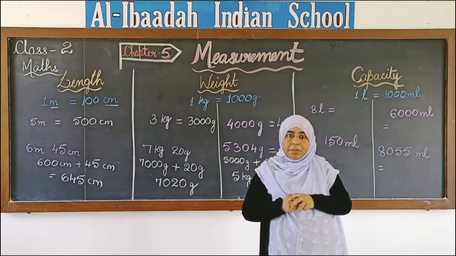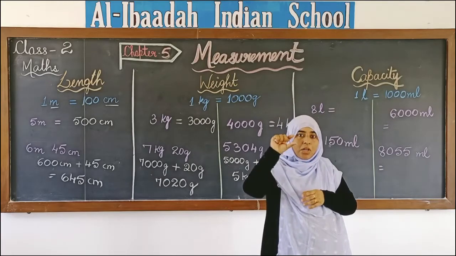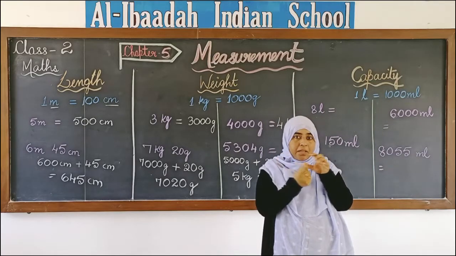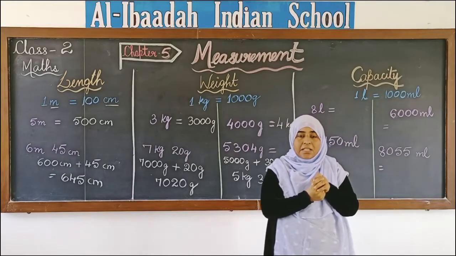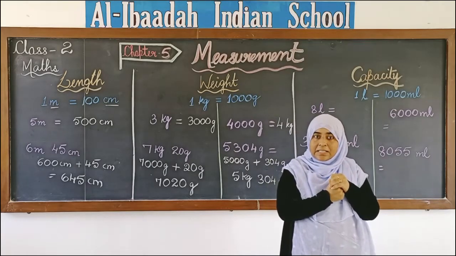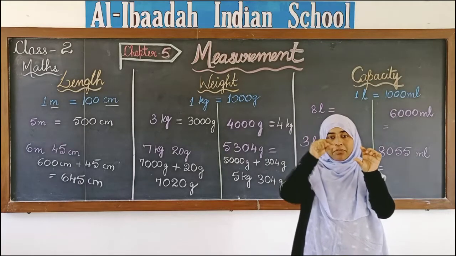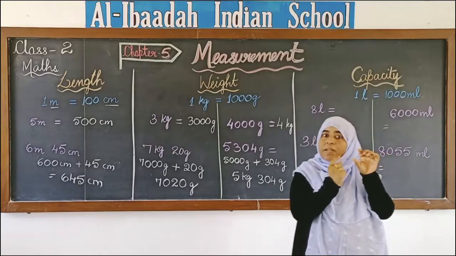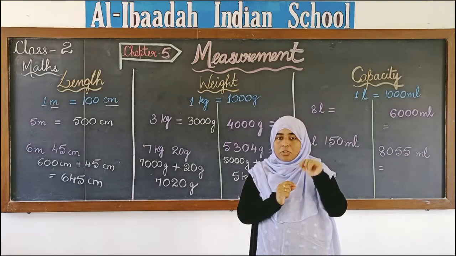If you remember, when you take medicine, there will be a small cap in which there will be some numbers, like you have to take 10 ml or 5 ml of medicine, isn't it? A small cup-like thing in which you put the medicine to measure, right? You are measuring how much medicine you have to take.